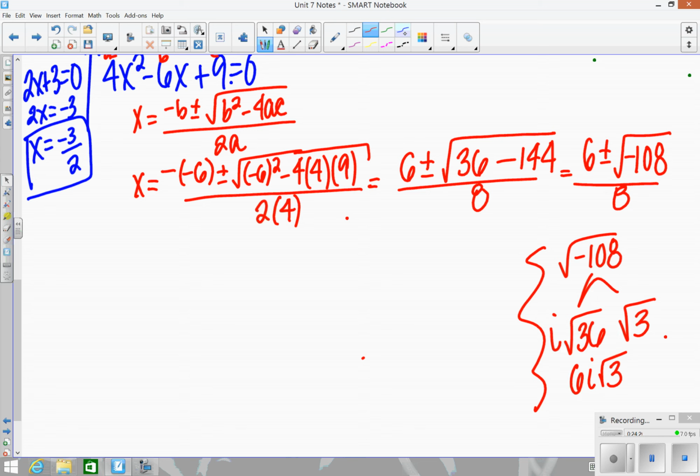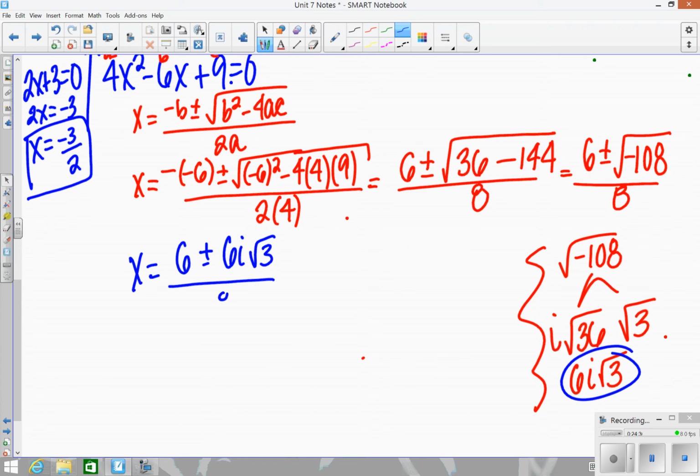So let's go ahead and plug that in. So this is going to go back into our equation. So it'll be x equals 6 plus or minus 6i radical 3 all over 8. And then again, remember, you can reduce as long as you can reduce in this pattern. So we have 6 over 8, and you can divide the top and bottom by 2.